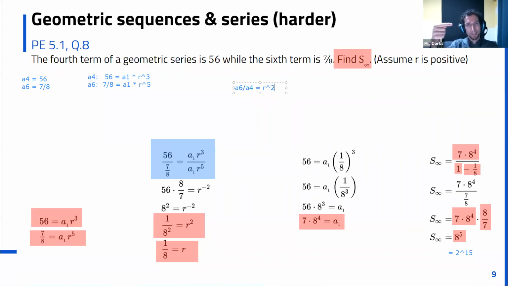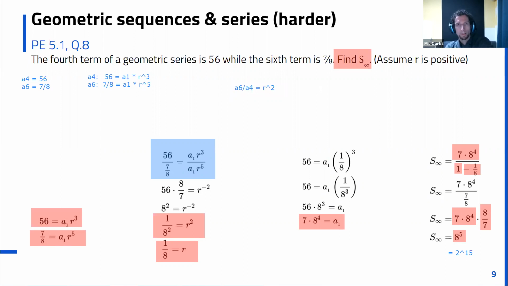So A6 over A5, any term divided by the previous term is R. So dividing by two previous terms should give us R squared, because A4 times R, times R again, A4 times R squared gives us A6. So therefore A6 divided by A4 should give us R squared.